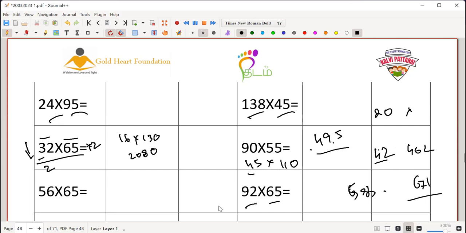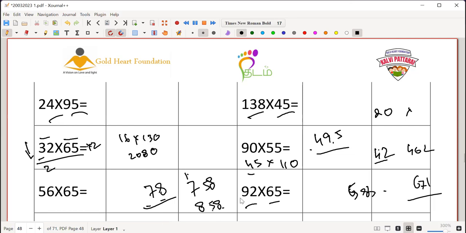If you get a sum as a double digit, 10 to 18, like 78, you will be getting 15. So 7, 8, 1, 5. If you get a double digit number, raise the first number by 1. Elevate the number by 1.